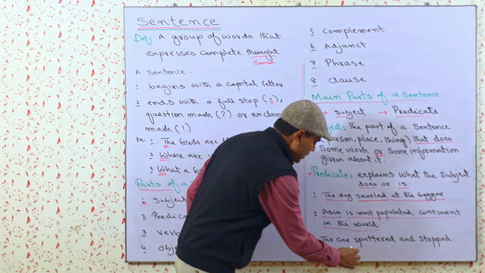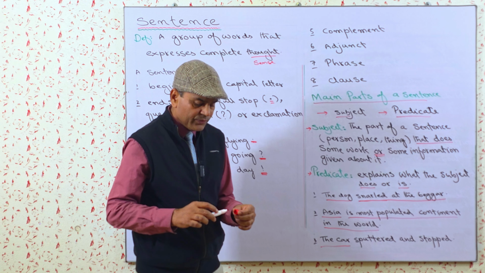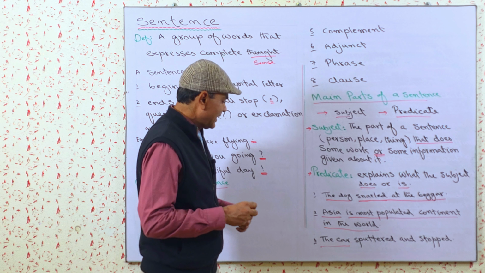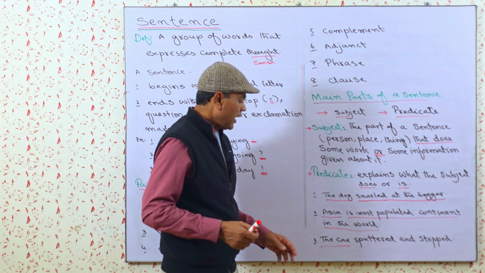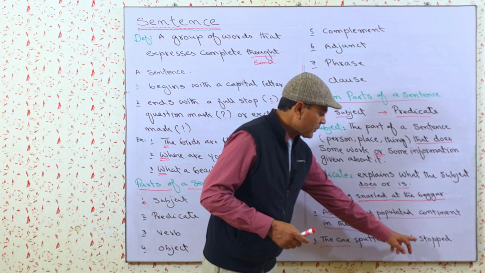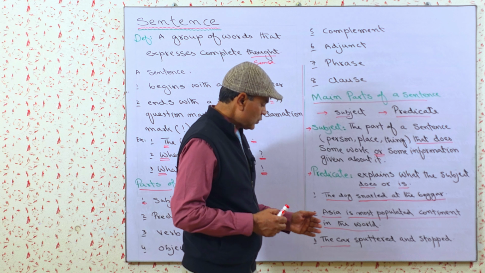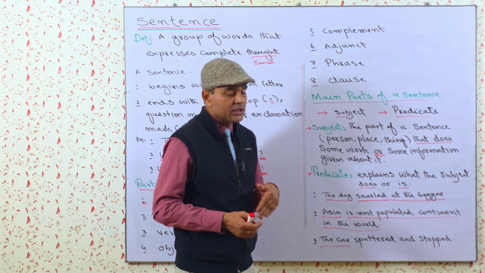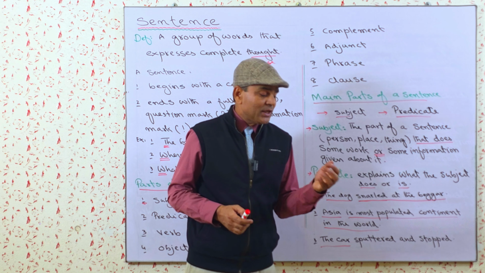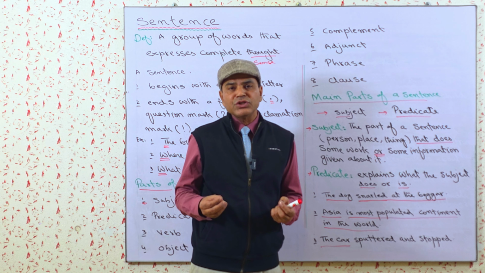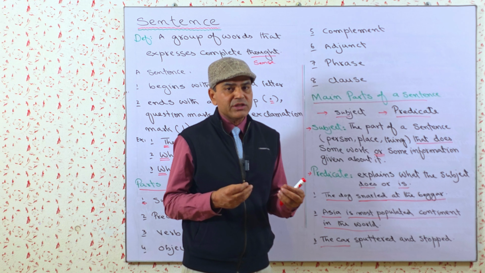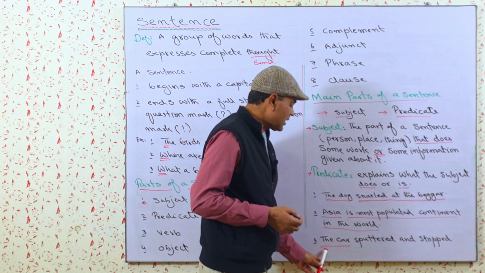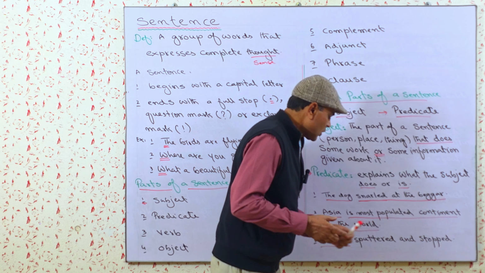The car, again, in parts of speech is a noun, but in the sentence it is the subject, and it sputtered and stopped. So here we are showing the activity of the car, that it sputtered. Sputtered is the sound that an engine produces when it is about to die. So, the car sputtered and stopped.